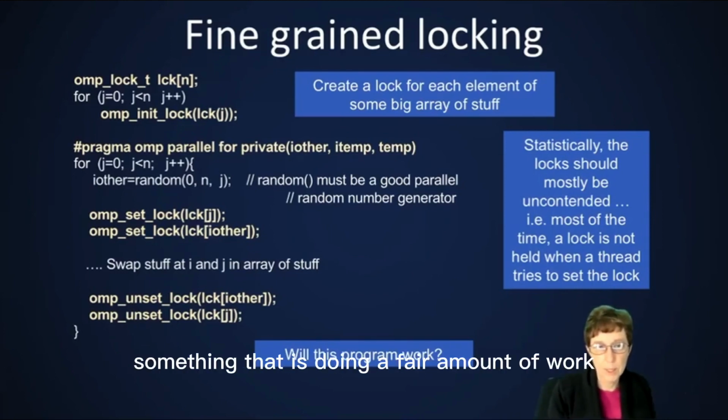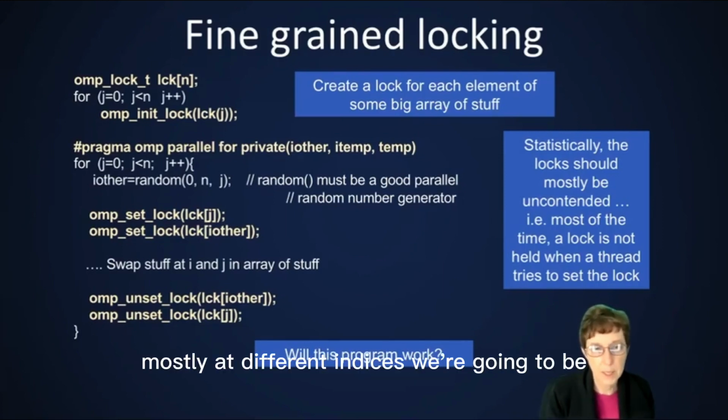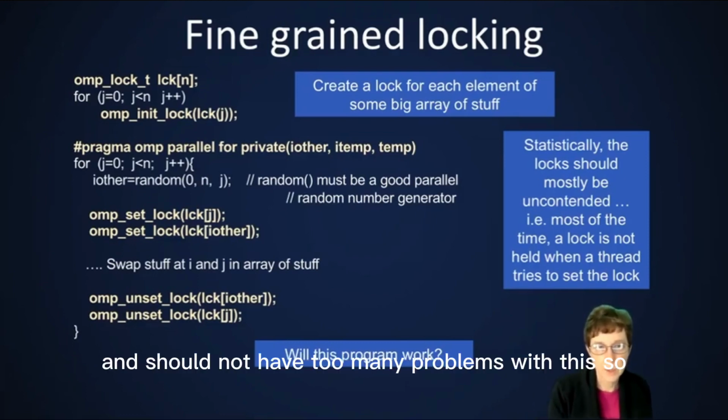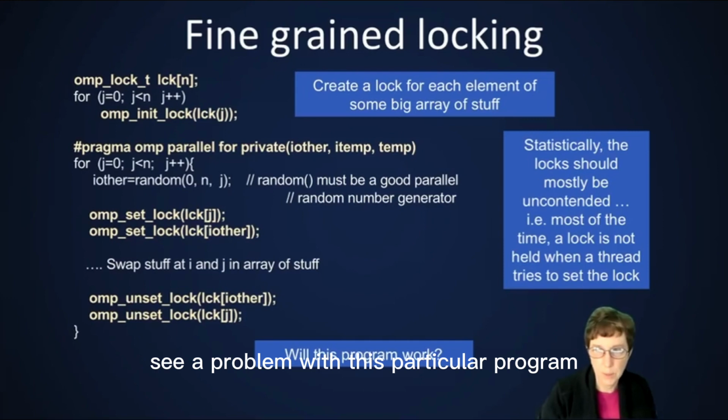This program, assuming that it's doing a fair amount of work in this swap step, a bunch of computation in there, is going to be able to execute this fine, as long as they're mostly at different indices. We're going to have few collisions in here and should not have too many problems with this. But does anybody see a problem with this particular program?